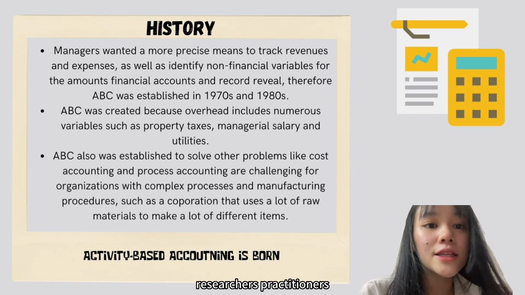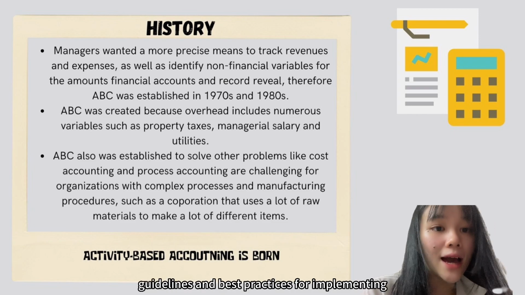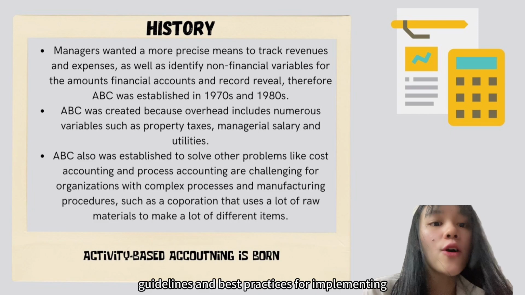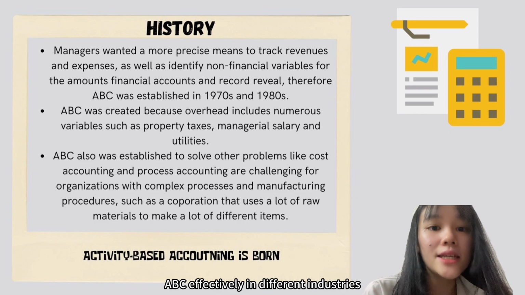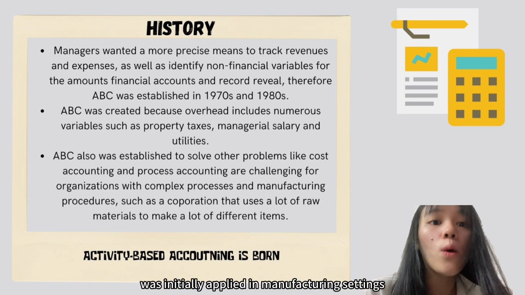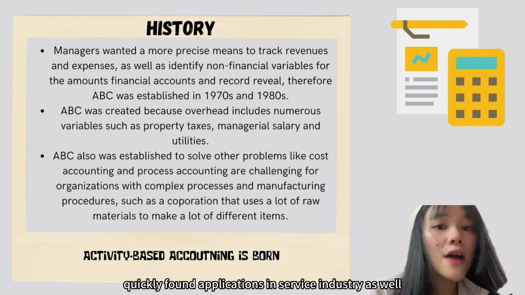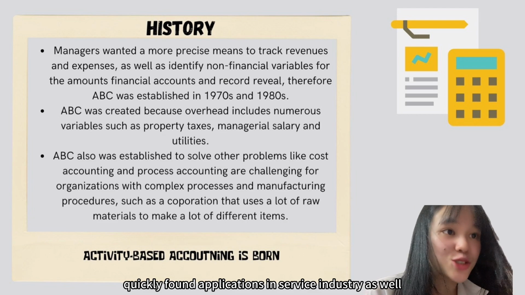Researchers, practitioners, and consultants worked together to develop guidelines and best practices for implementing ABC effectively in different industries. While ABC was initially applied in manufacturing settings, it quickly found applications in the service industry as well.